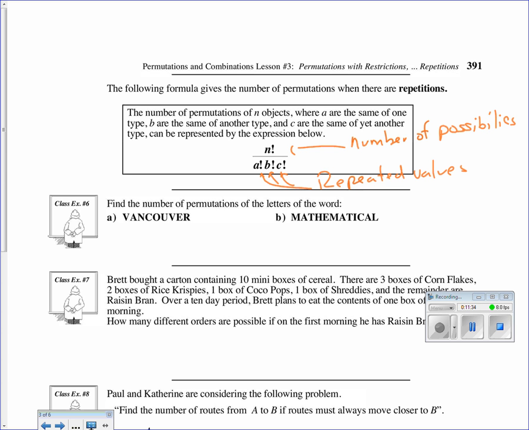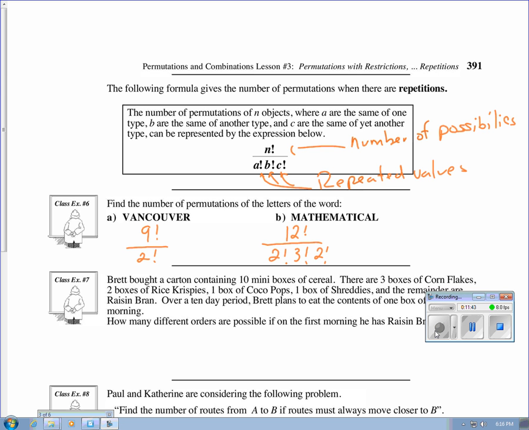So when I look at arranging Vancouver and arranging all of those letters, I've got to figure out what letters are the same. And I'm going to do the same for mathematical. So the word Vancouver has 9 different letters and 2 V's. So I've got 9 factorial, divide by 2 factorial. The word mathematical has 12 different letters, but it's got 3 different repeated letters.